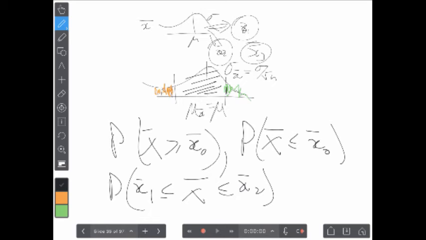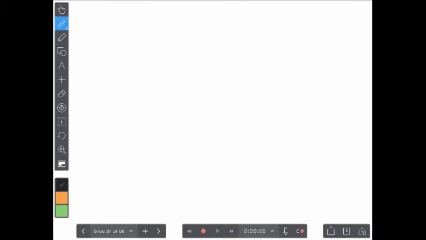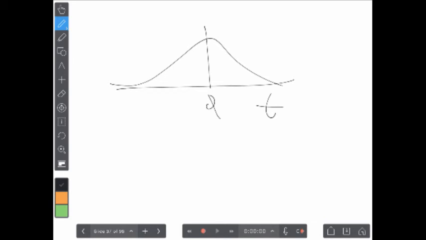So what if sigma is unknown? What happens? Well, if sigma is unknown, my sampling distribution will be a t-distribution. So now I have to assume the population is actually normally distributed. And now I'm using t. All right? So t is my random variable. And so I could still find t is equal to x bar minus mu over s over the square root of n, because I don't know sigma.